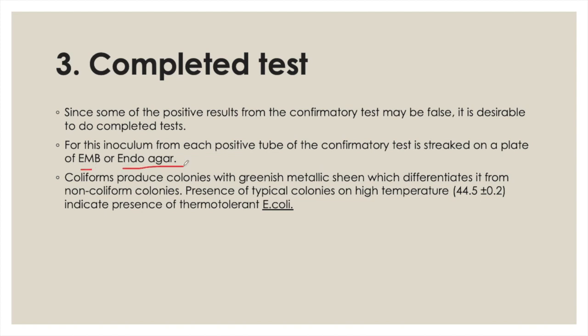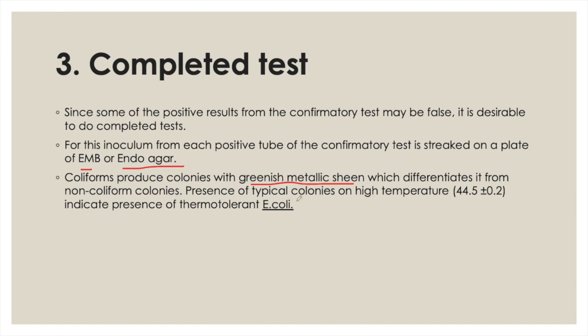On the endo agar, we perform the further testing. Coliform produce colonies with a greenish metallic sheen, which differentiates them from non-coliform colonies.